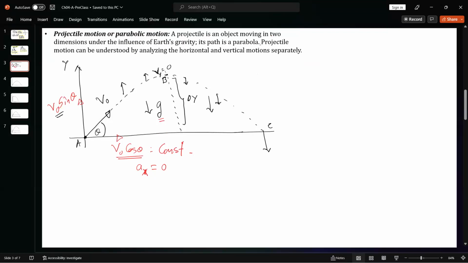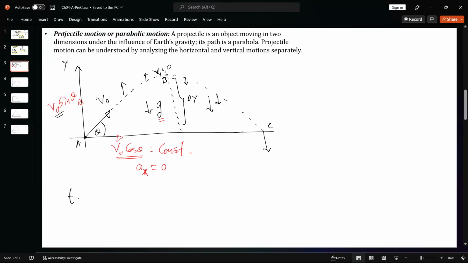Now, what's important here, I can't really use my equations randomly in any direction. My equations can be used only along a straight line. So I can study the projectile by observing this motion along the x-axis and along the y-axis simultaneously because there's one parameter the same for both directions. That is the time.